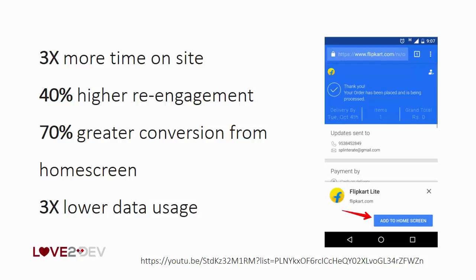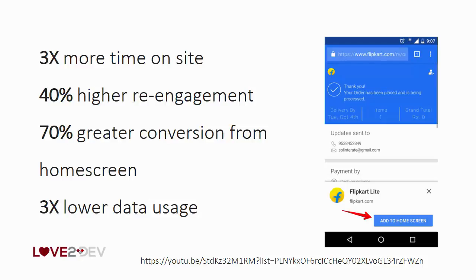And if you're not familiar with sales funnels, re-engagement is very key to driving actual sales because the more times people come to your site, the more likely they are to purchase from you. And like we see here, they had a 70% greater conversion from the home screen. So when people add that icon to the home screen, they're much more likely to buy from you or convert however you need them to convert.